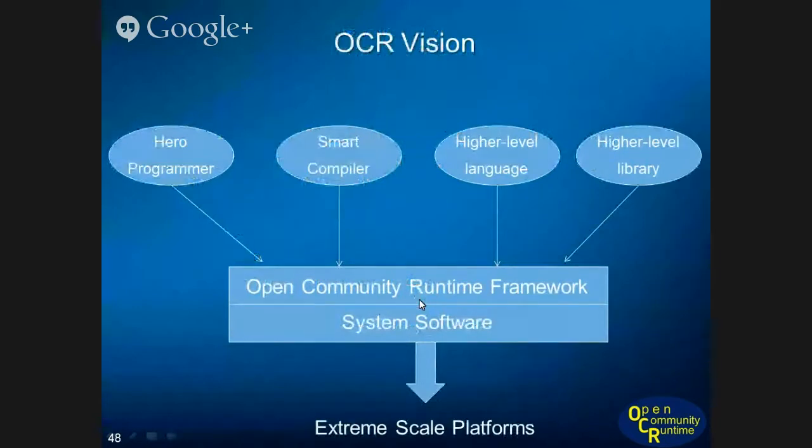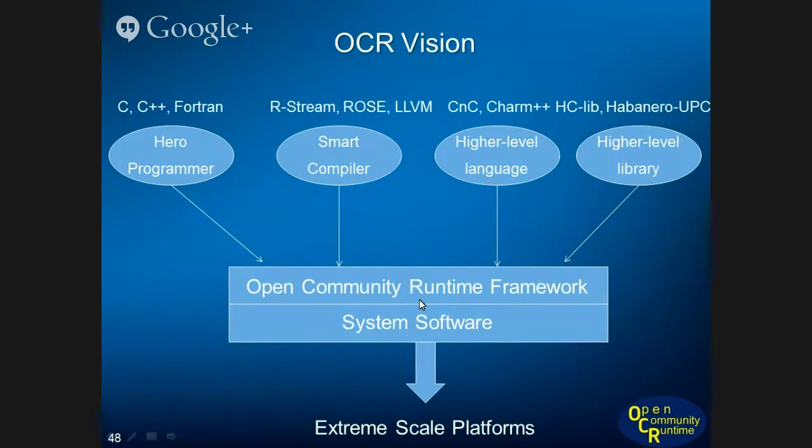And so the vision is, and Bob had a slide related to this, you have an open community runtime framework, and maybe some people, more experts, will program at those APIs, but otherwise you have higher level programming systems that map onto it, and we already have some examples.